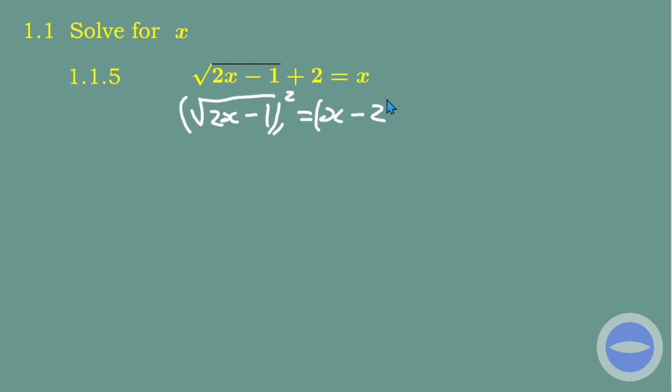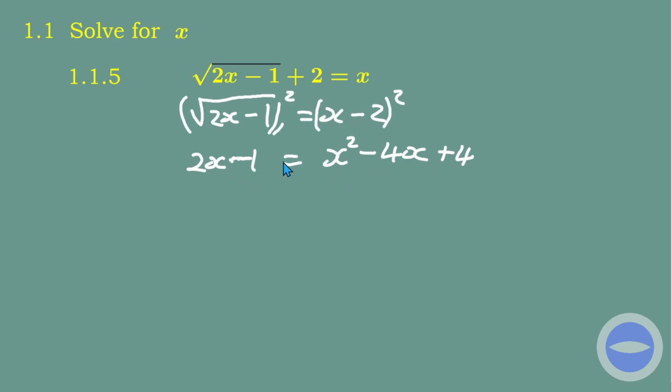If I square both sides, on this side I am left with only 2x minus 1. What's wrong with my pen today? 2x minus 1 equals, and then I have to expand this. When I expand this, I will have x squared minus 4x plus 4. This is the expansion of this one.